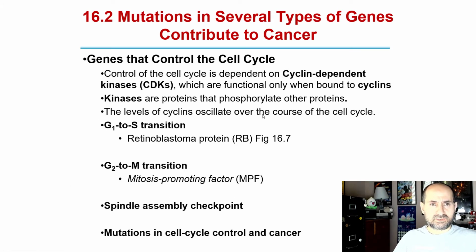All right, a couple more concepts, and then we'll head over to a break time. So, more genes that control the cell cycle. It's not just these tumor suppressor genes and oncogenes. We also focus on these cyclin-dependent kinases, or CDKs. These are very important proteins in the cell cycle, which function only when bound to cyclins.